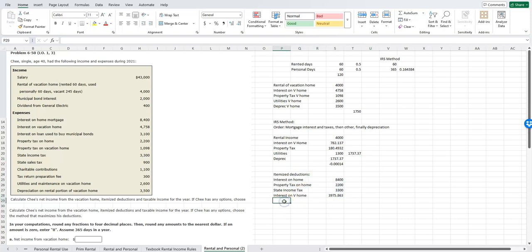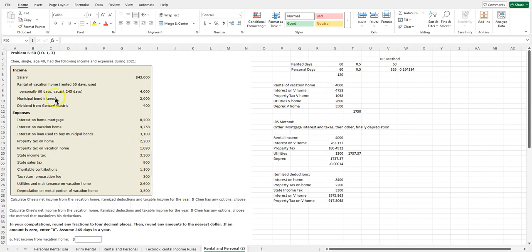All right, so then I have my property tax on vacation home. The total property tax on vacation home was $10,098. So I start with that, but then I have to subtract out what I was able to take as a for AGI. So I'm going to subtract out this $180, and then I have that. I can never take utilities or depreciation as an itemized deduction.